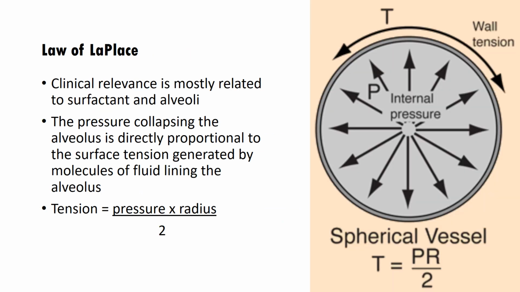Okay, so our next topic here is the law of Laplace. Something that comes up quite a bit because our clinical relation is that this is how alveoli are stented open by surfactant. The law of Laplace says that the tension in a sphere is calculated by pressure times radius divided by 2.